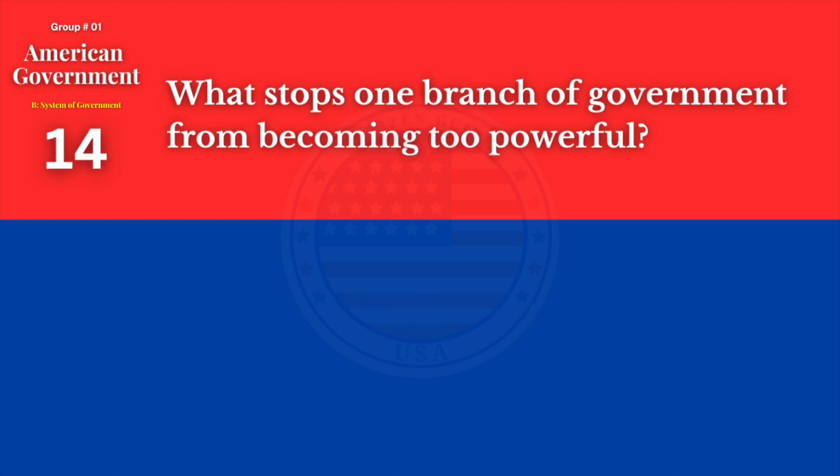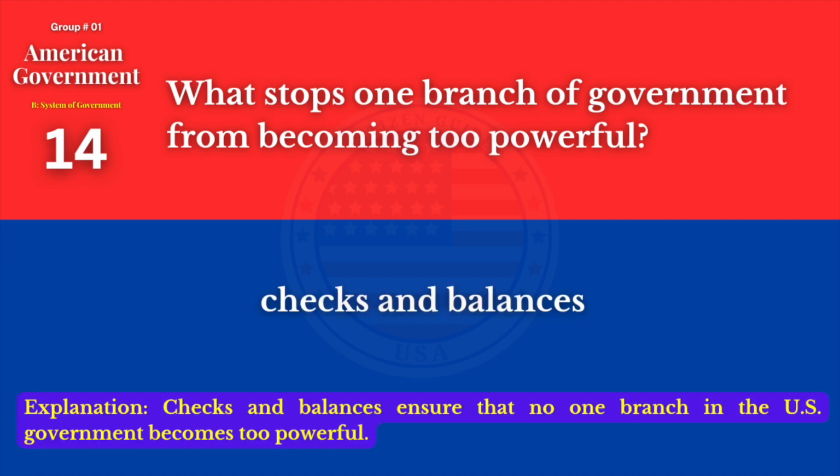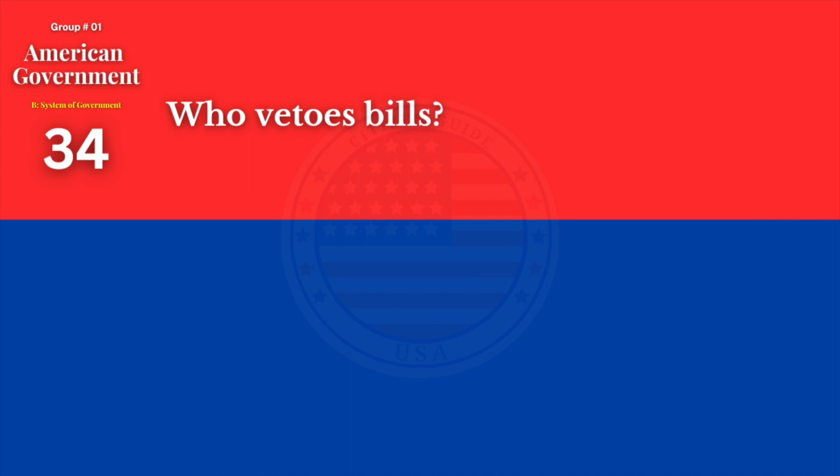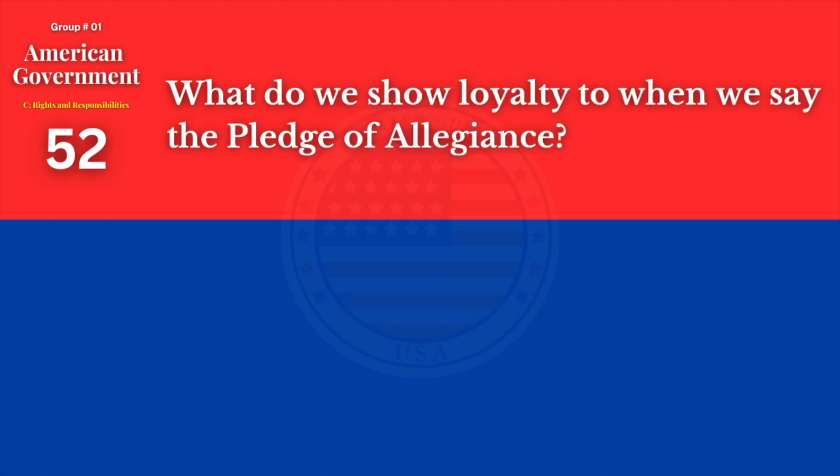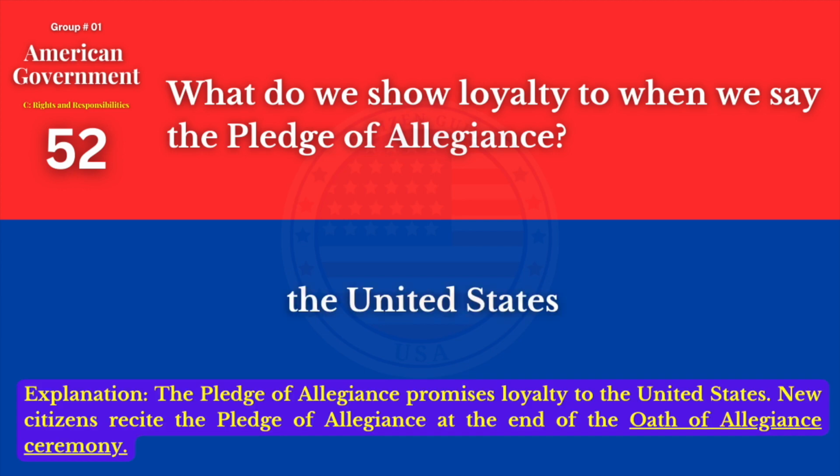What stops one branch of government from becoming too powerful? Checks and balances. Who vetoes bills? The President. What do we show loyalty to when we say the Pledge of Allegiance? The United States.